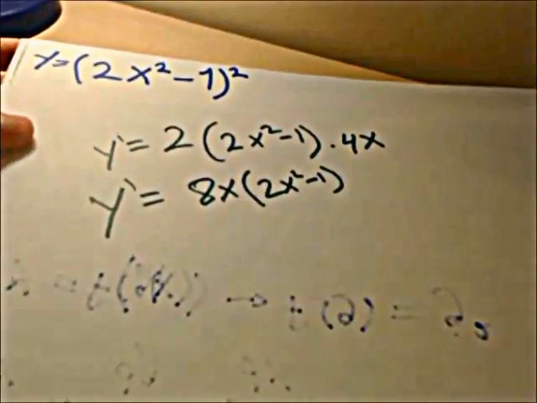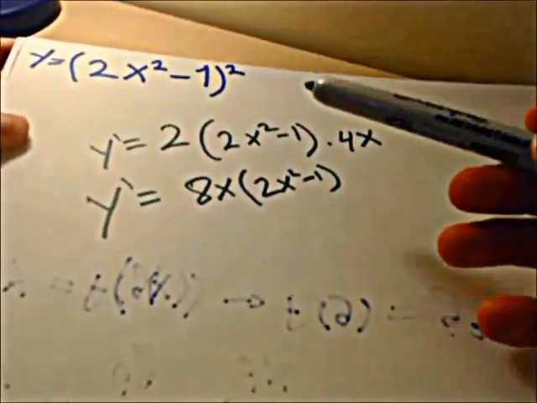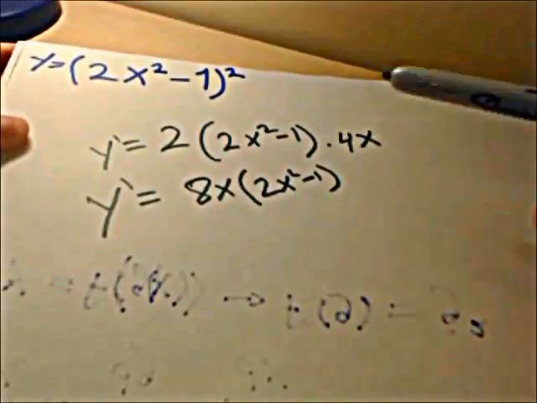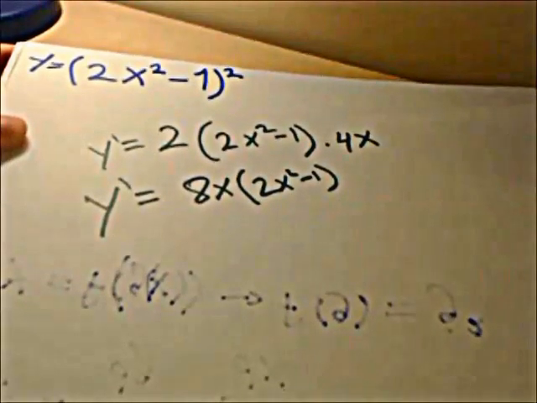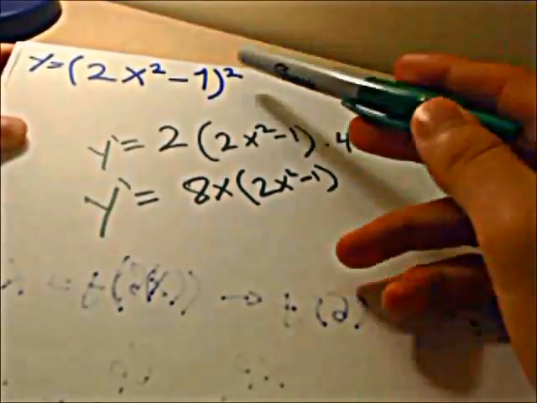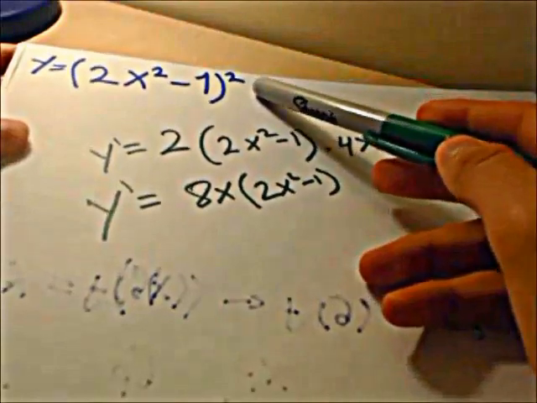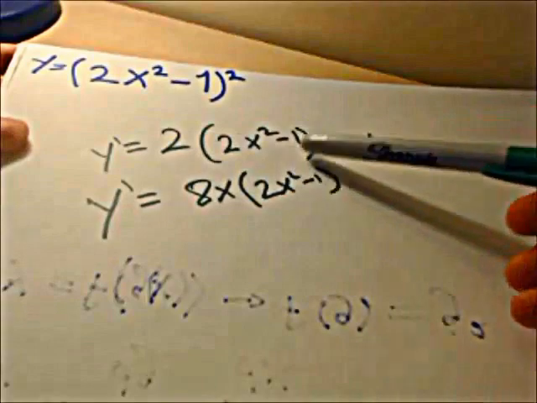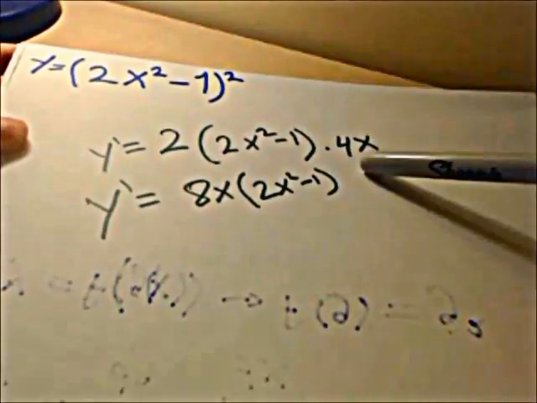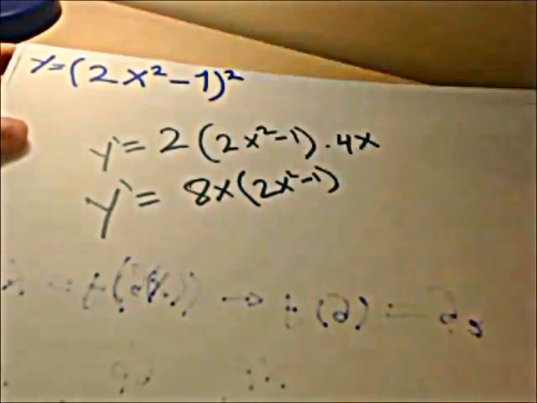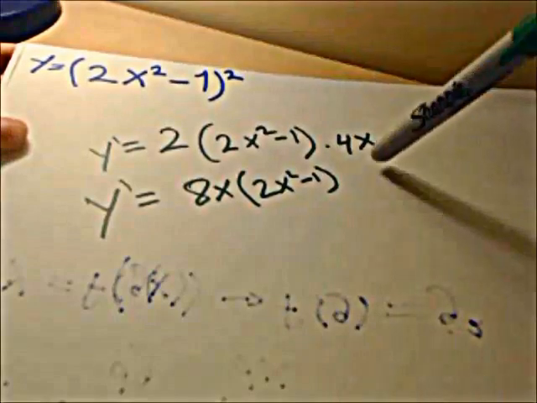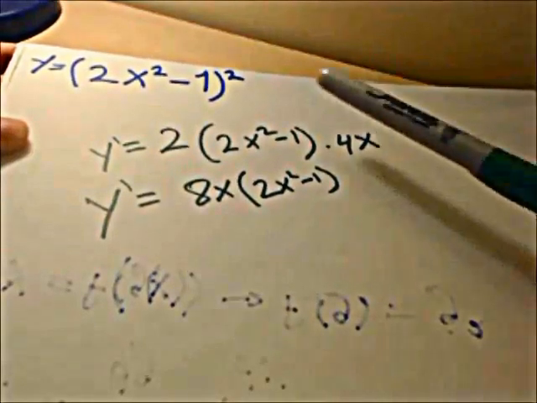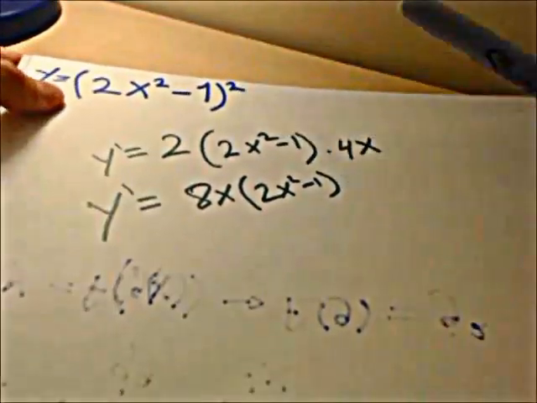But then again, this way is a lot easier to understand. What you do is take the power, times what's inside the parentheses, and then times the derivative of what's inside the parentheses only.